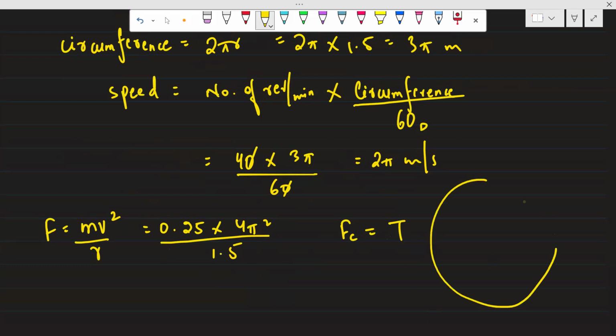Whenever you have a centripetal force, the centripetal force acts along the radius and towards the center. So whichever force acts in this direction provides the centripetal force. Like in this case, the tension will provide. So you equate them. What do you have to find out at the end? The tension, which will be calculated using this.